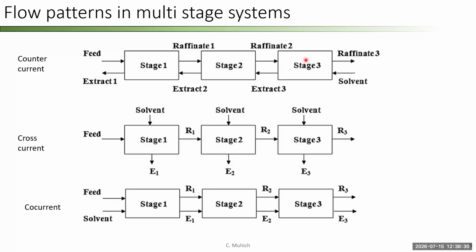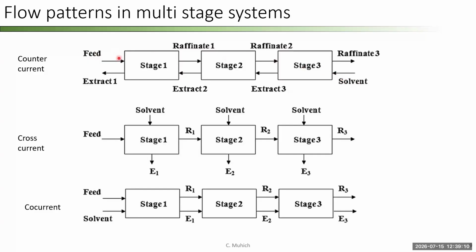And then stage three gets the remnant feed from stage two and virgin solvent, right? So we have virgin solvent on the right, virgin feed on the left, and they're moving past each other. The benefit of this set is this virgin solvent has none of the compounds that we want, right? So it's got as much extracting power, as much driving power to pull out compounds as you're ever going to get with this solvent.